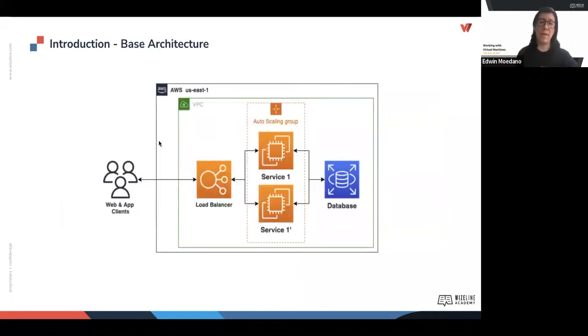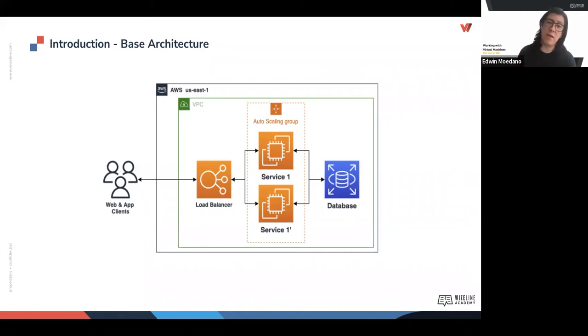We have our web and client applications that are consumed via a load balancer. Maybe I'm not showing the exposure of this load balancer to the public network, but let's assume that it's happening. And we have this EC2 instance, and this is for AWS, but it can be replicated to many cloud providers, let's say GCP or Azure.